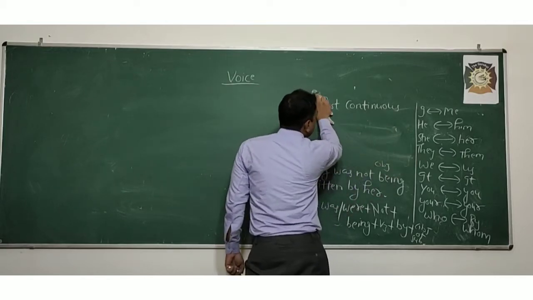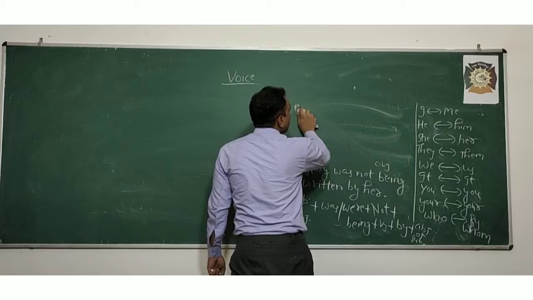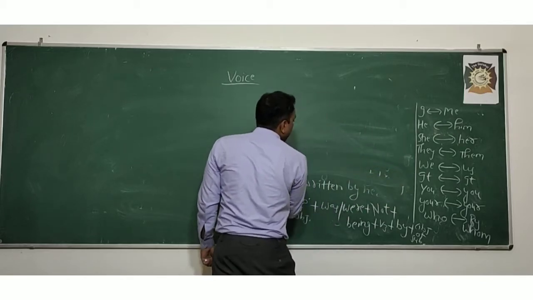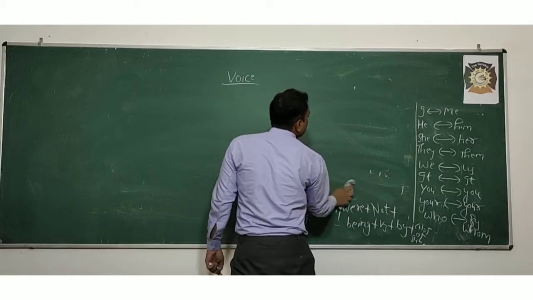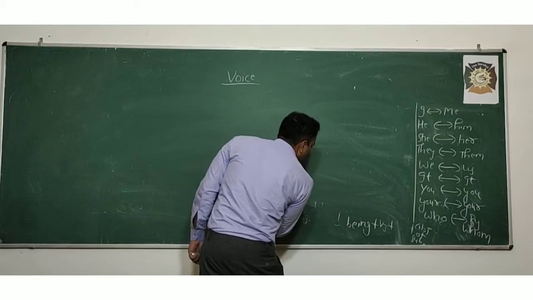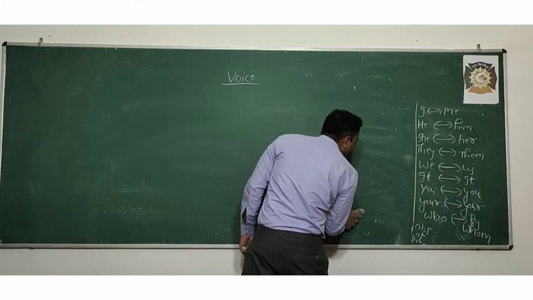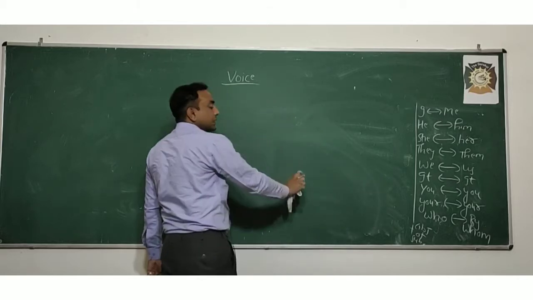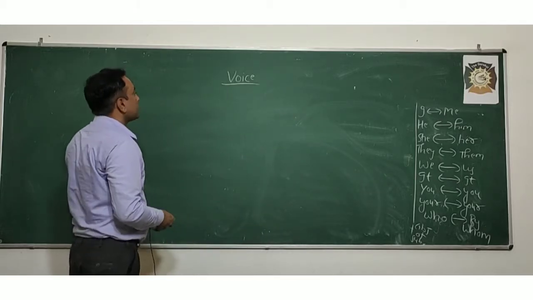Everybody can change it, but I will make a video in which I will discuss all the typical sentences and tell you the way how to change them into passive voice. But first of all, to bring you on track, it is mandatory to discuss all the rules.